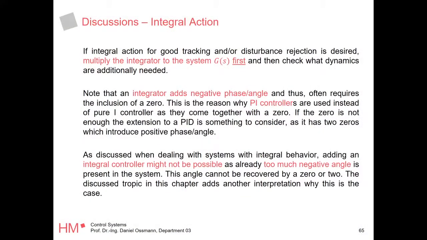Again, this is the interpretation we have discussed already. When you have a system, let's say an I-D-T2 system, where you already have an integrator, we said this is problematic. Sometimes it's really hard to add another integrator in our controller because we already have one. This methodology gives you another interpretation of that, because an integrator already adds a lot of negative angle.